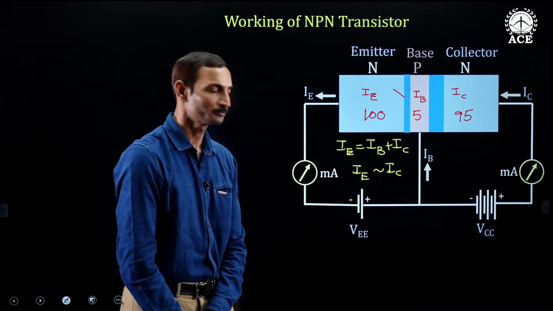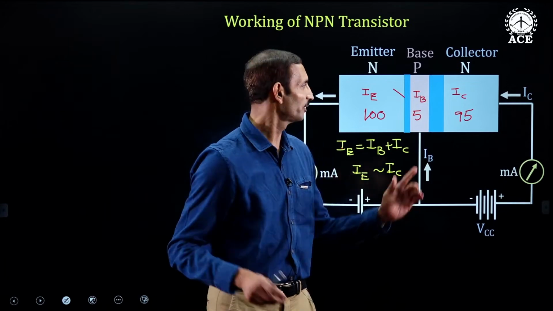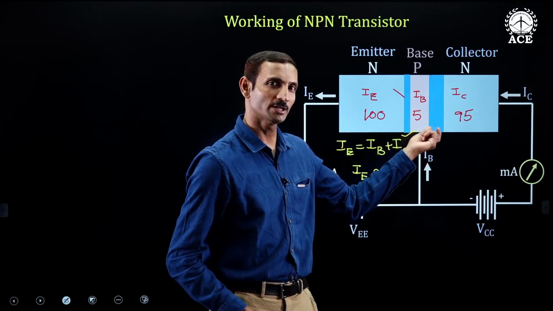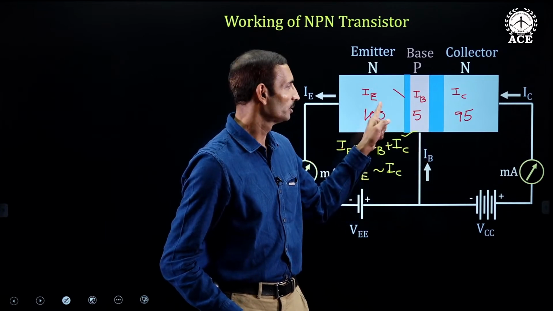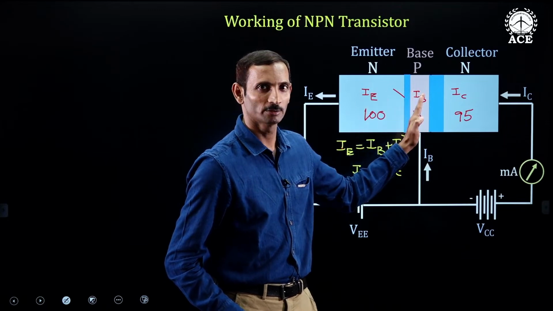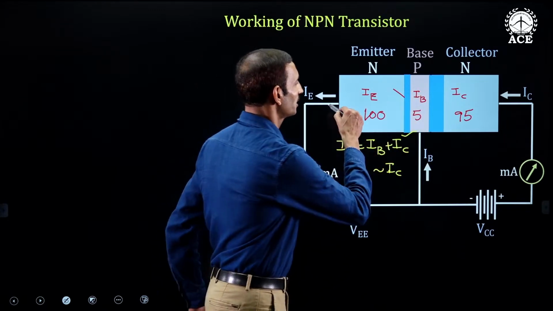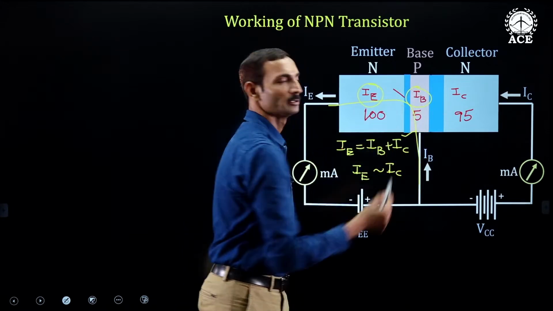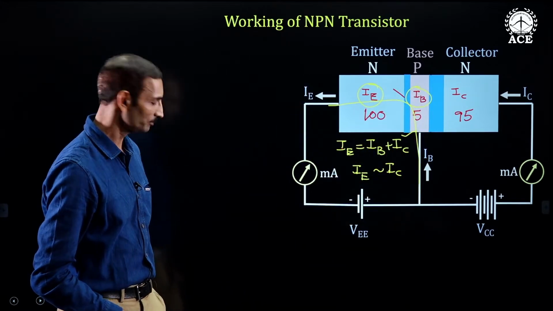Shall I come again? Now, under normal circumstances, when you see two PN junctions, one is forward biased and the other one is reverse biased. We know through the forward bias junction there has to be large current. What are the currents present in the forward bias region? IE and IB. They should be very large, right?